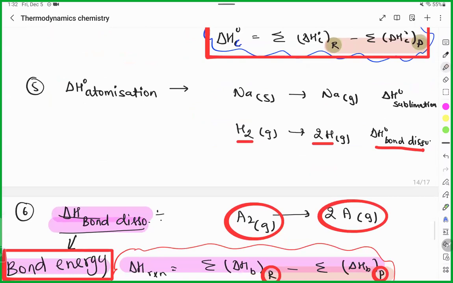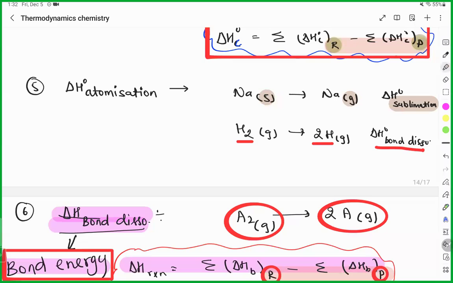Atomization is when it converts into the proper atom. For example, here you are converting a solid into gas. This is known as enthalpy of sublimation. Sublimation means solid to gas. Fusion means solid to liquid.